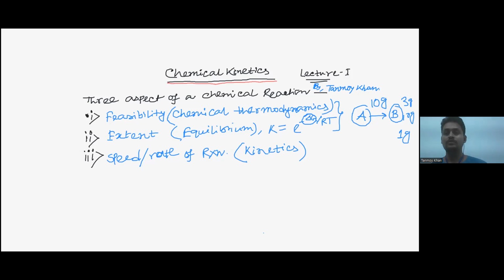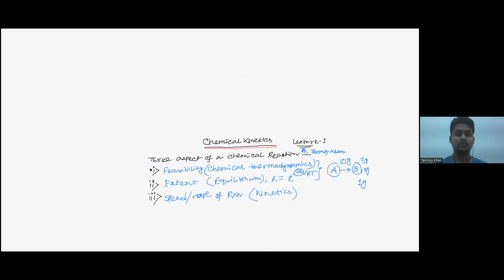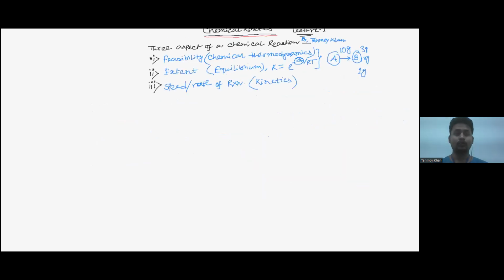You think just the drop is coming and color is generated. So it is obviously a very fast reaction. There are many such reactions which are very, very fast, very, very slow, or medium. Depending upon that speed, normally we generalize chemical reactions into three parts.